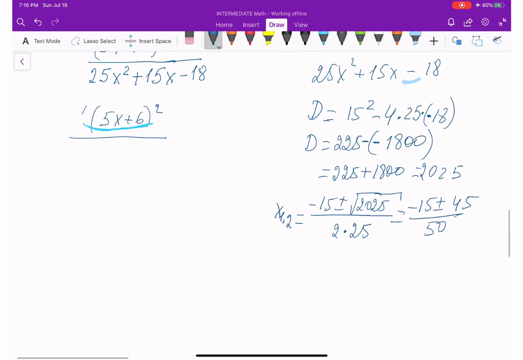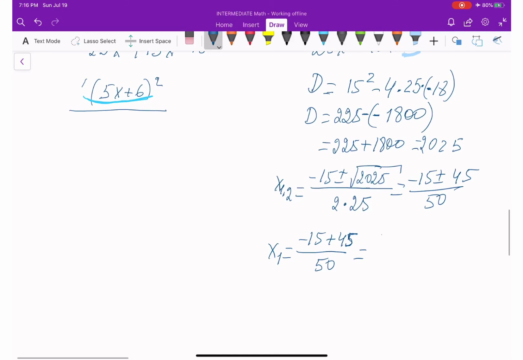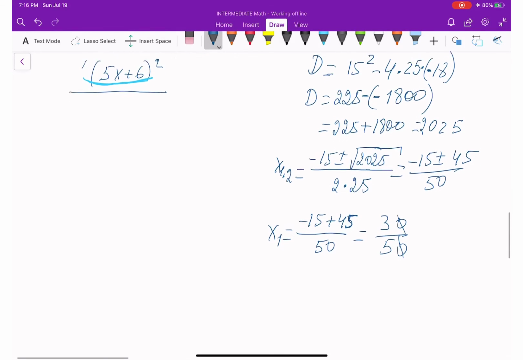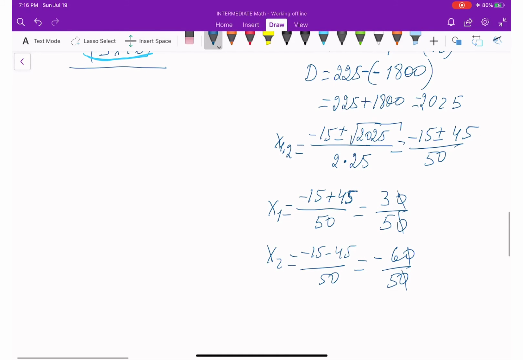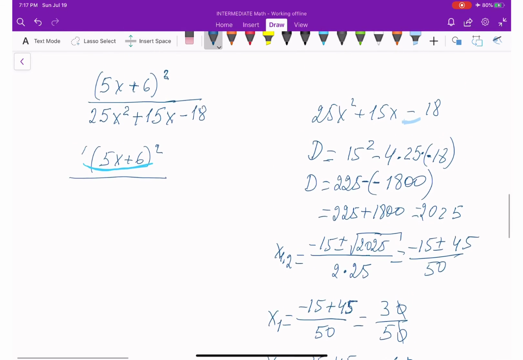All right, x1 is equal to negative 15 plus 45 over 50, which is 30 over 50. This 0 is gone with this 0, 3 over 5. And x2 is equal to negative 15 minus 45 over 50, which is negative 60 over 50. So the 0 is gone, negative 6 over 5.